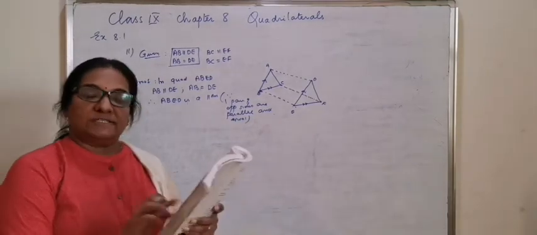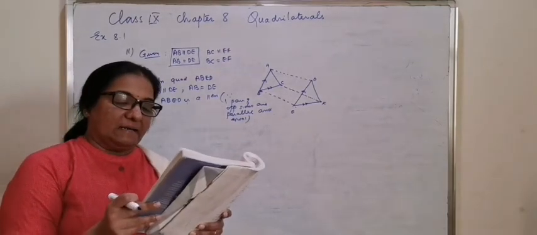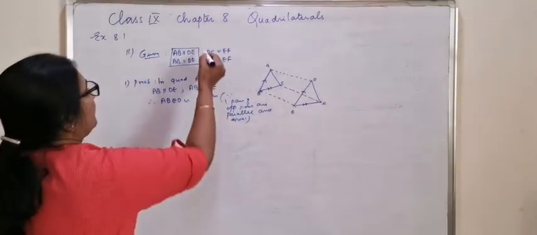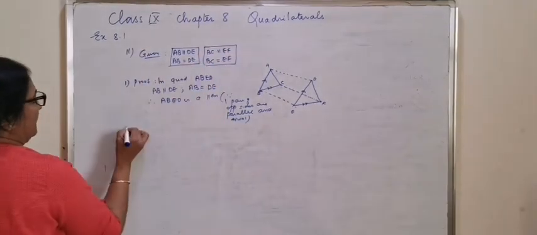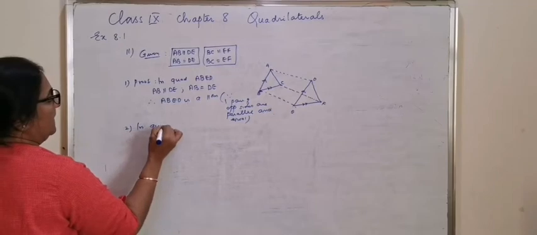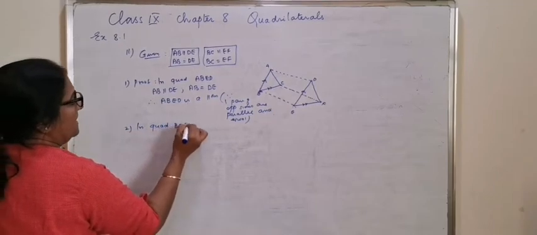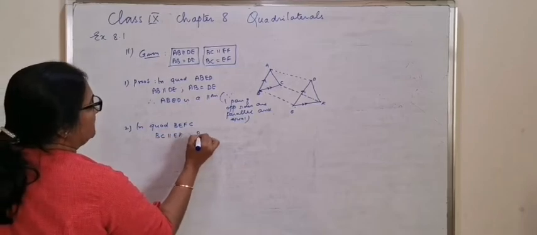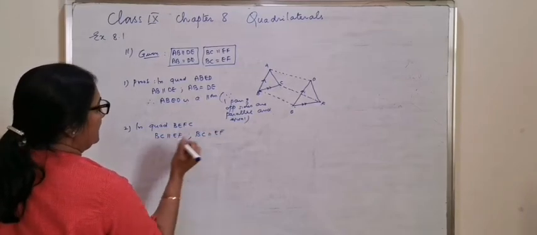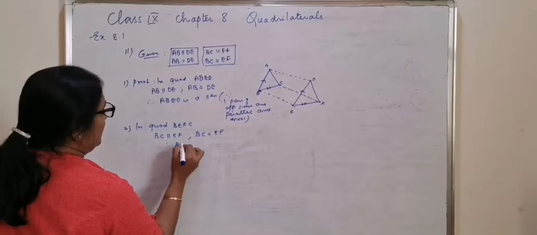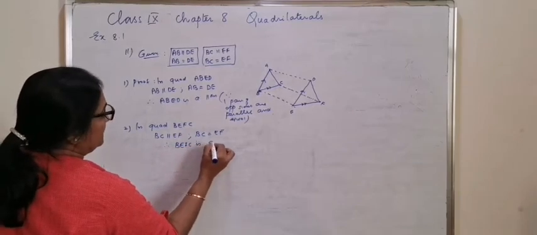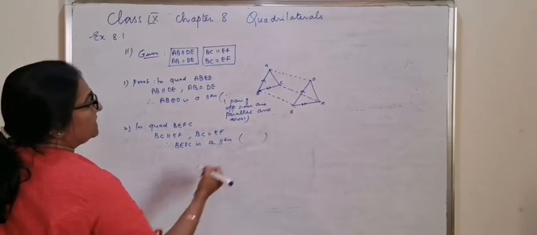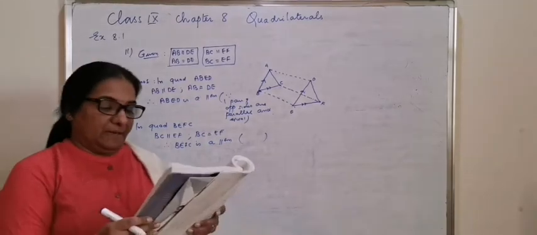The second one also follows a similar procedure, quadrilateral BEFC. In quadrilateral BEFC, BC parallel to EF, BC equal to EF. Therefore, BEFC is a parallelogram, for the same reason as mentioned above.